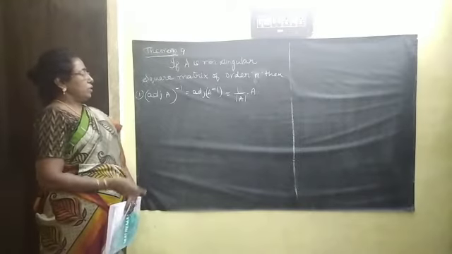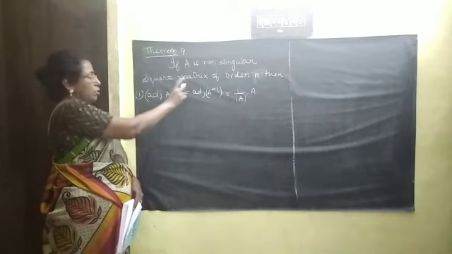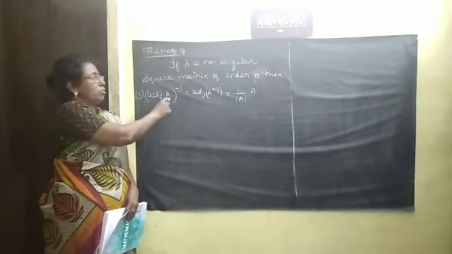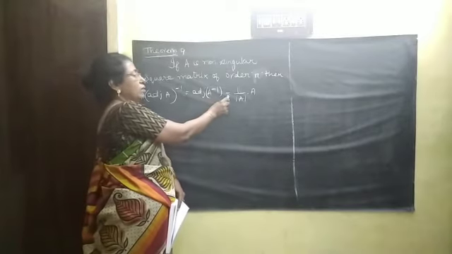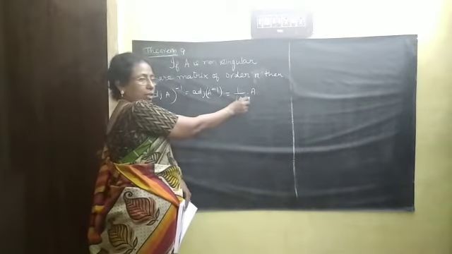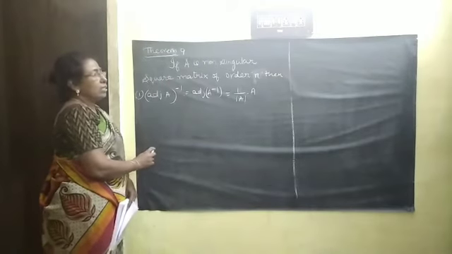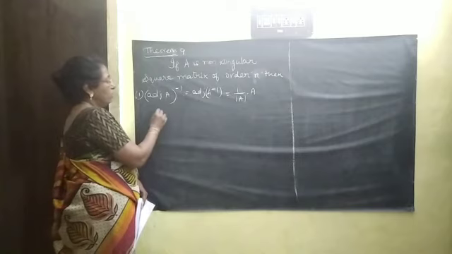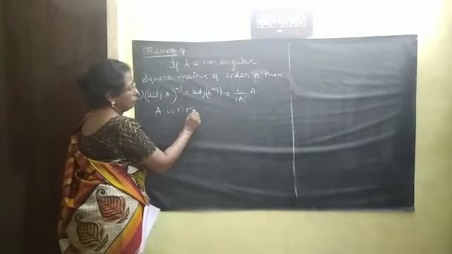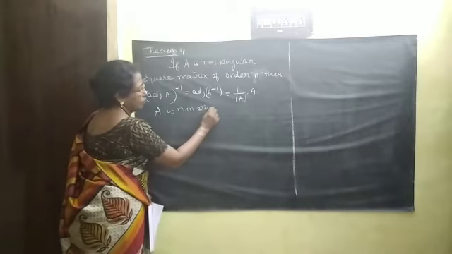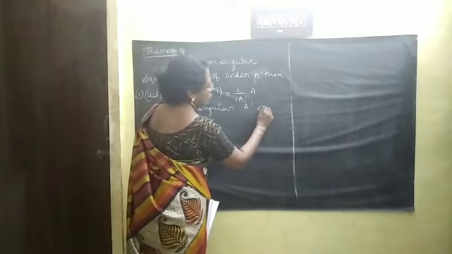Next, we are going to see if A is non-singular square matrix of order n, then adjugate of A inverse is equal to adjugate of A inverse, that is equal to 1 by determinant A into A. We are given A is non-singular. So if A is non-singular, A inverse exists.